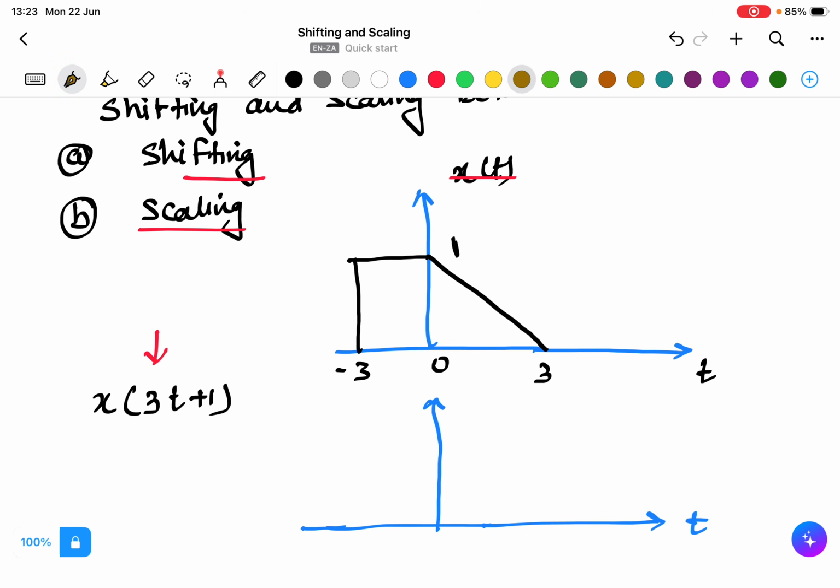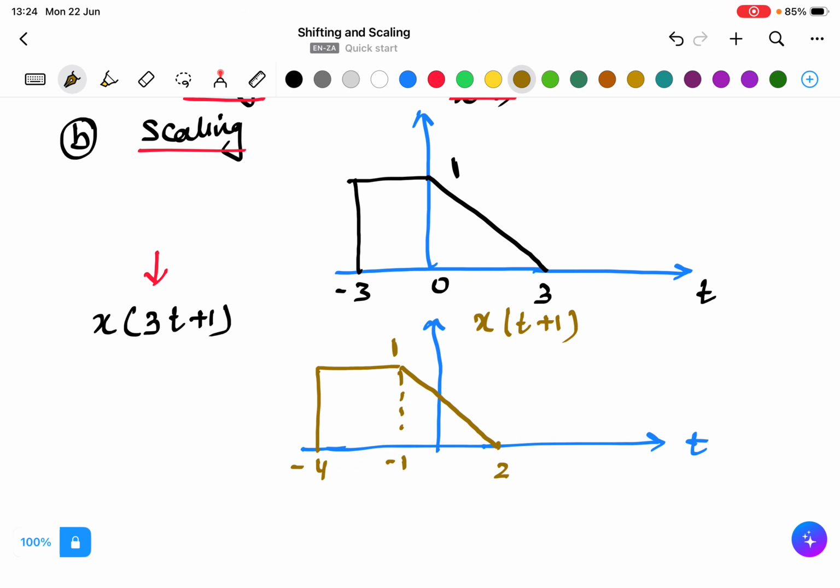So this signal now will start from a value equal to -4 going up to -1, and then on this side it's going up to 2. So this is your x of t plus 1.